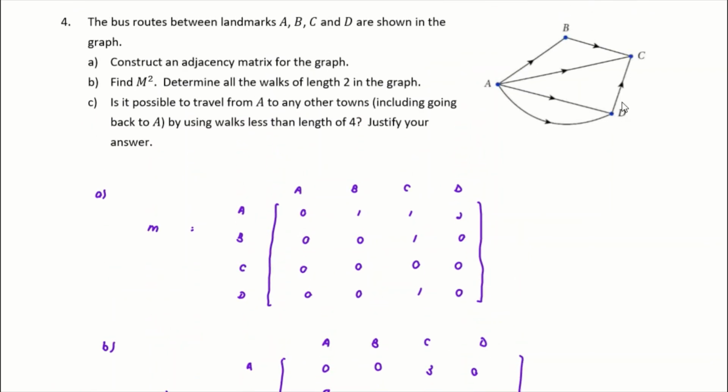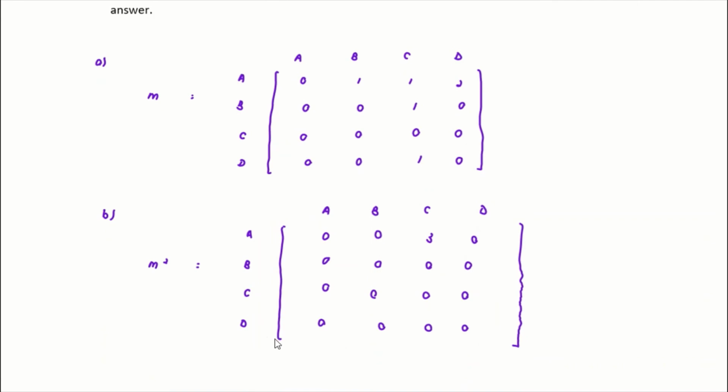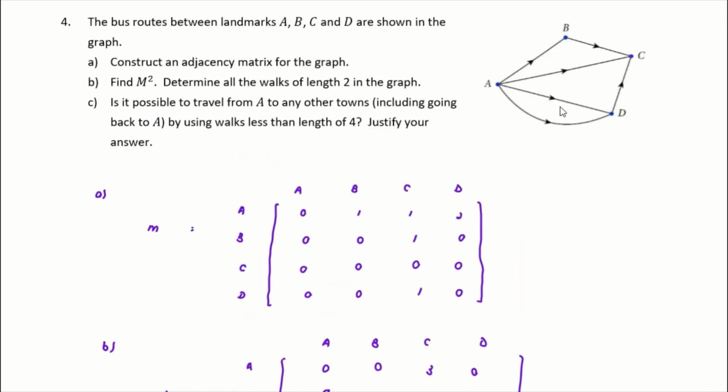For D, you have only one arrow that allows you to travel from D to C. But when you reach C, you do not have any opportunity to go to other vertices anymore. So you can't create a walk with length 2. So that's why D is all 0 as well. So how about B? When you check for B, same thing.